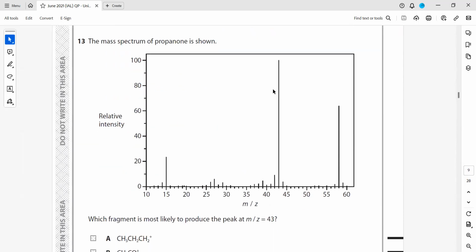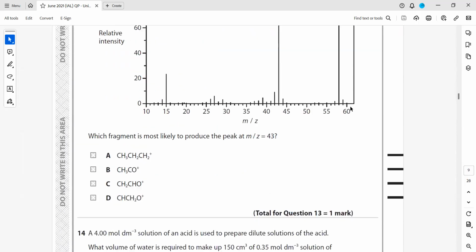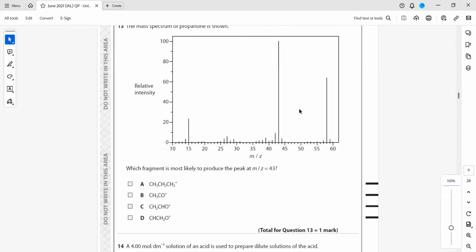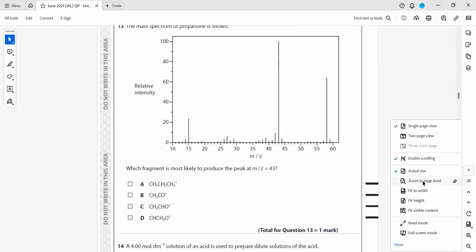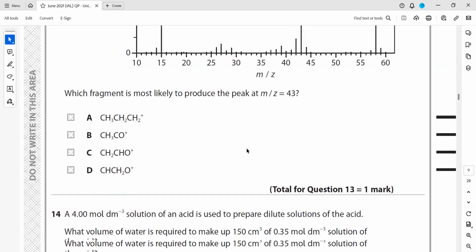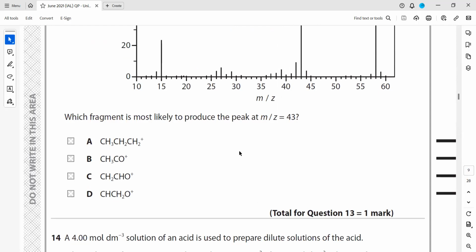In question 13, the mass spectrum of propanone is shown. Which fragment is 43? So you just have to add. If you have propanone, it is CH3, C=O and CH3.